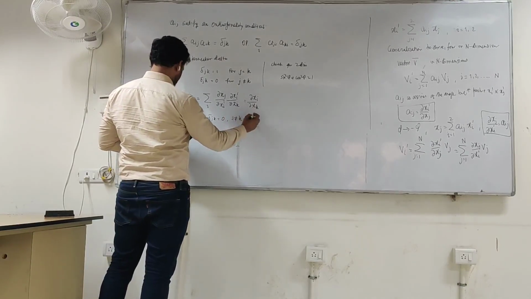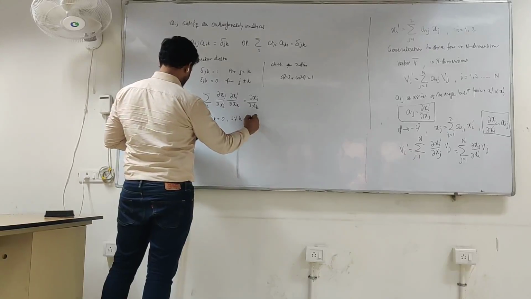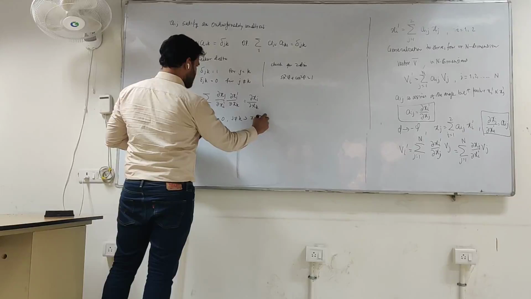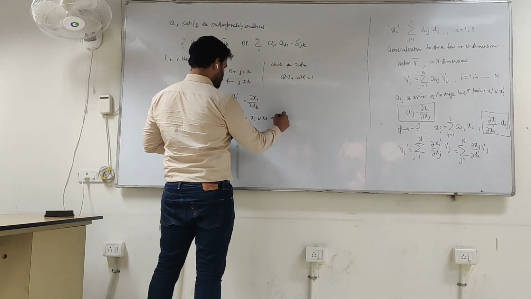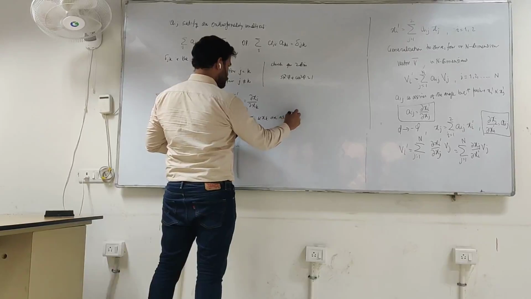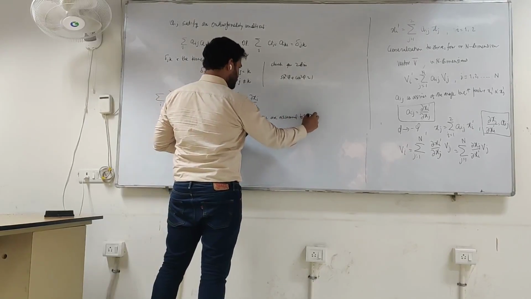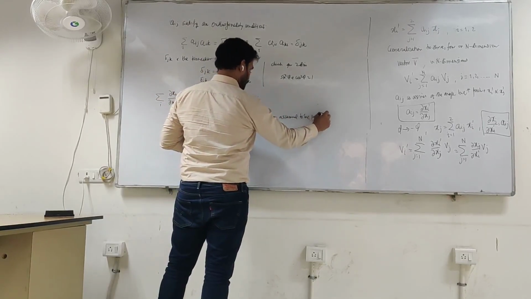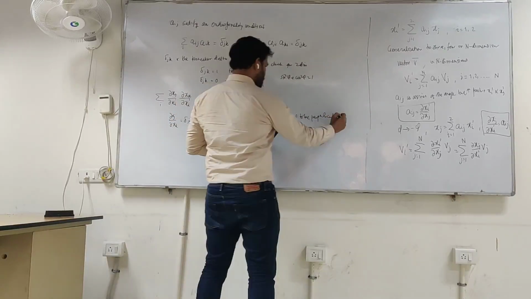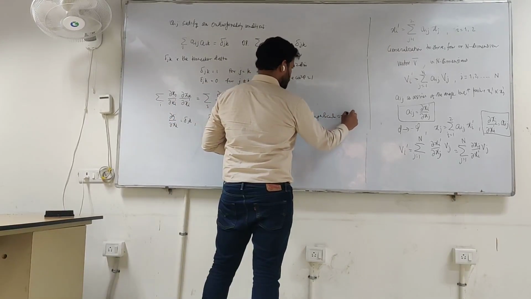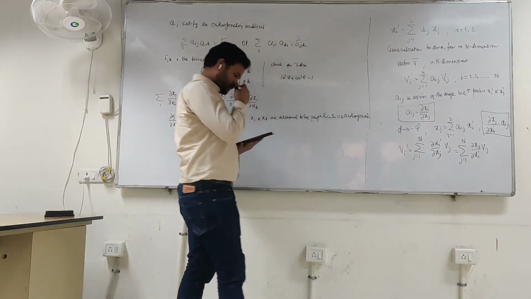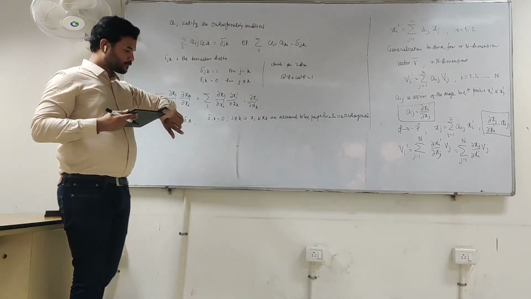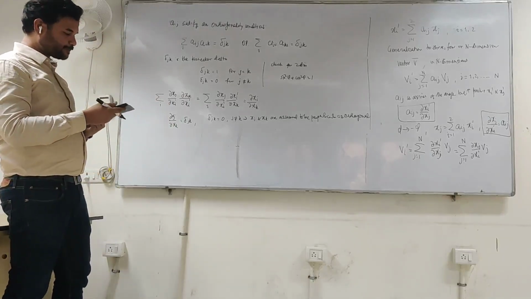It says that we assume xj and xk to be perpendicular or orthogonal. Correct? That makes sense?